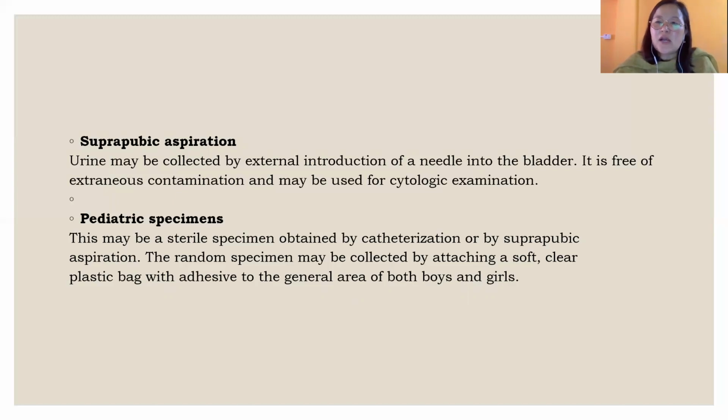Pediatric specimens can be catheterized sample collections or suprapubic aspirations, or you can attach a soft, clear plastic bag to the genital area with adhesive tape, for both boys and girls.